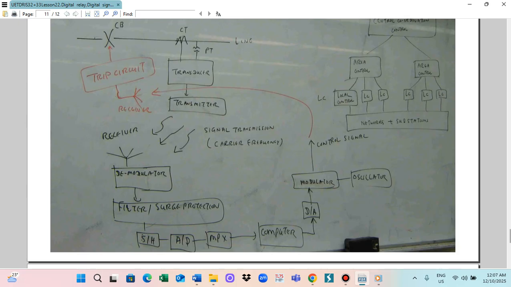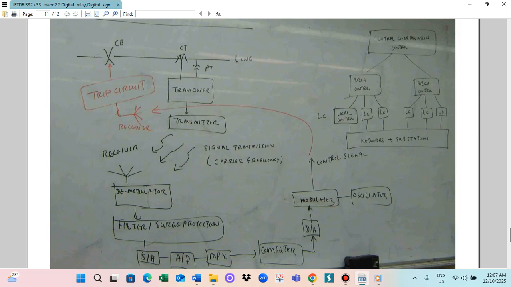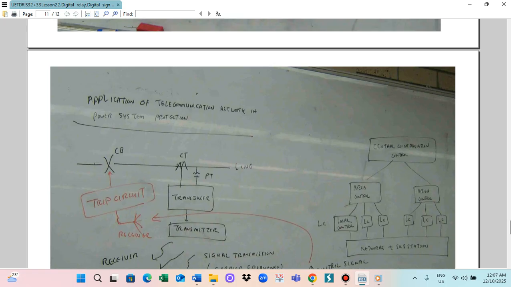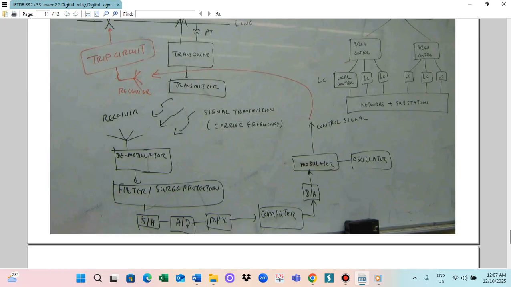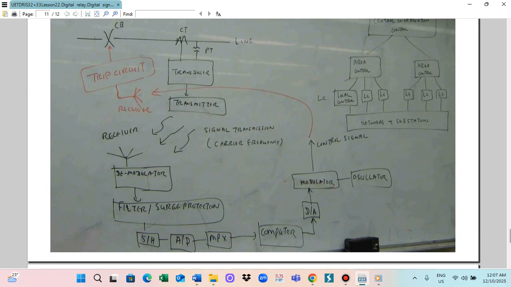In this case we have to utilize the oscillator. So the control signal comes out and is sent to the circuit breaker. So this is a trip circuit.